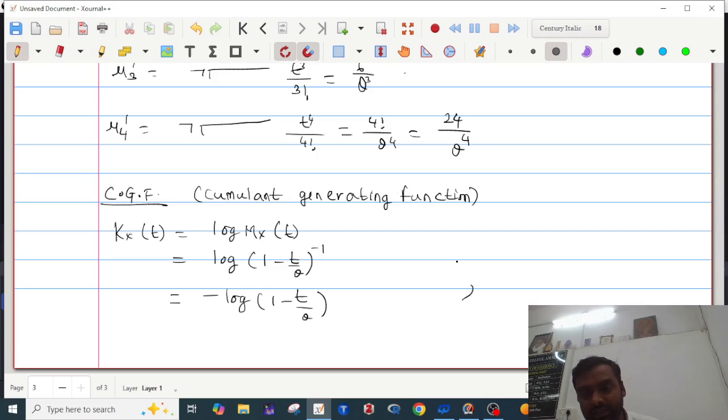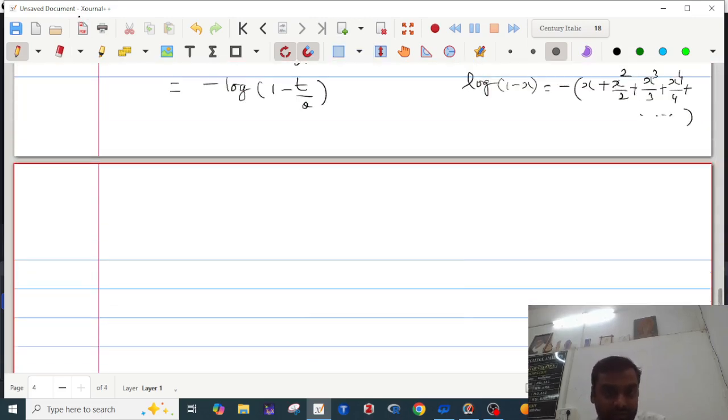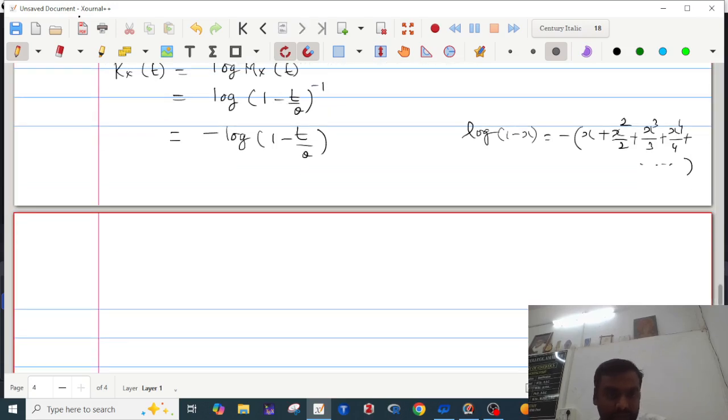And now use one standard series: log of 1 minus x is equal to minus the bracket x plus x square by 2 plus x cube by 3 plus x raised to 4 upon 4 plus and so on. We will use this series and we will expand this expression K_X(t). K_X(t) is equal to minus, treat this t upon theta as x.